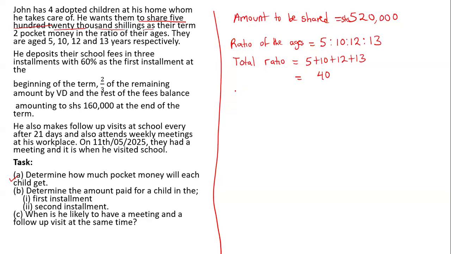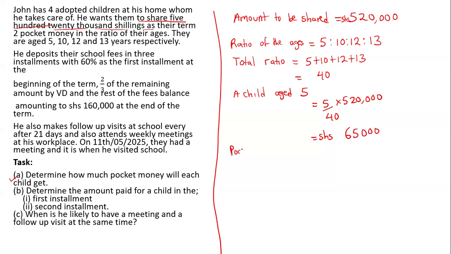So I'm going to say a child aged 5. So how much is this person going to get? So 5 out of the total, which is 40, times the 520,000. So this one will give us shillings 65,000.